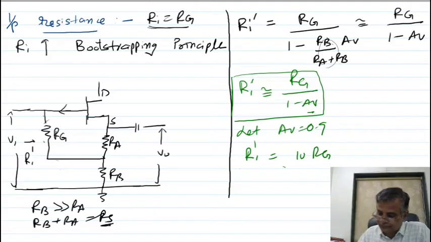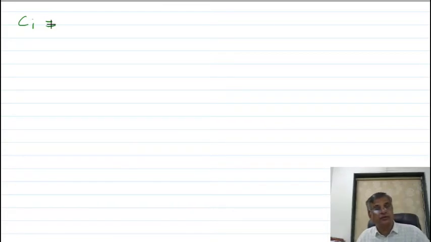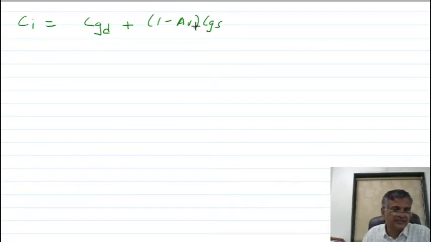Now let us discuss the input capacitance. Remember the equation only; I am not doing the derivation. With the Miller effect, the input capacitance is given by CGD plus 1 minus Av into CGS.